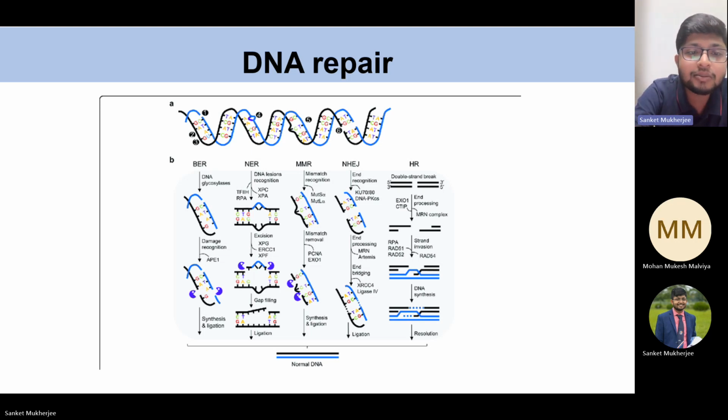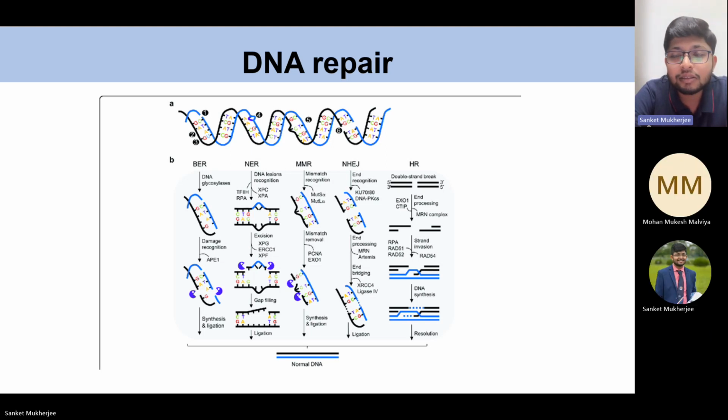So we already discussed base excision repair, where there was DNA glycosylation, creation of an abasic site, as you can see here, and then this damage is repaired. Another way of damage repair is nucleotide excision repair, that involves, let's say, pyrimidine dimers that are created due to UV radiation.